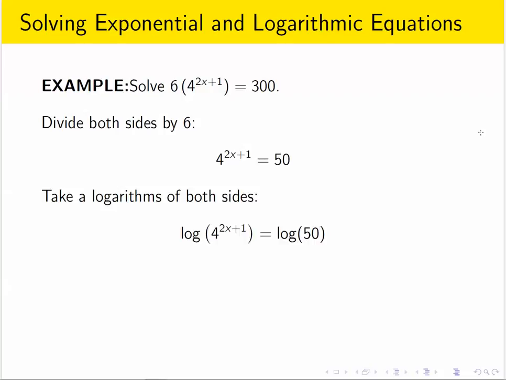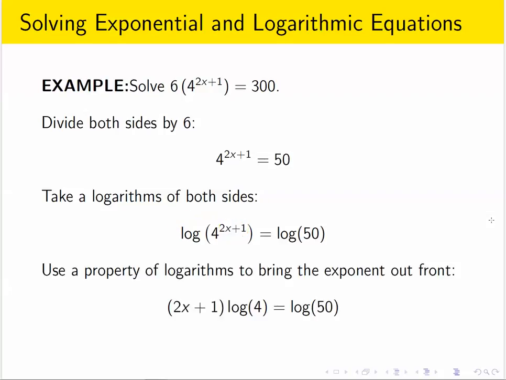So again, let's take a common log of both sides. That allows us to bring the exponent out front, and now this time the exponent is this entire expression, 2x plus 1. That whole thing has to come out front of the logarithm.